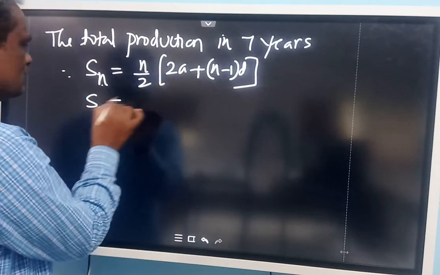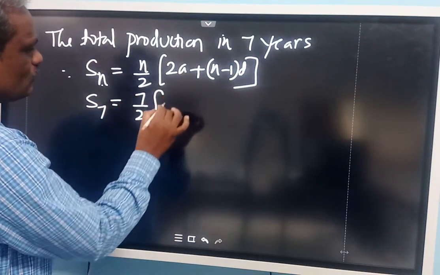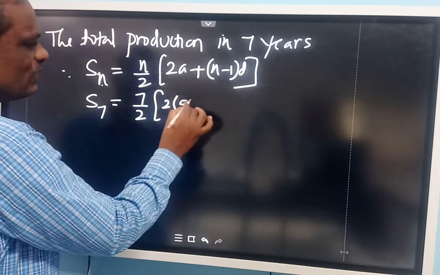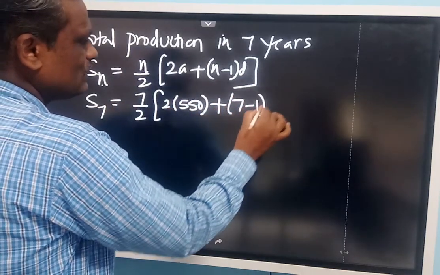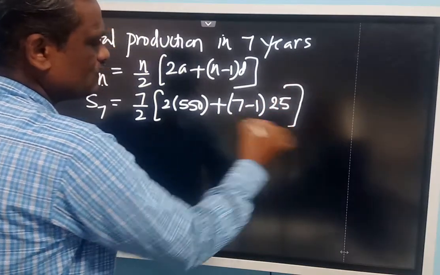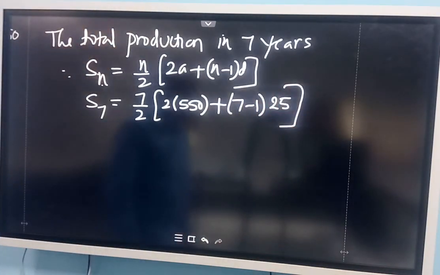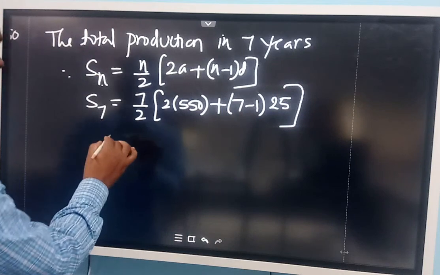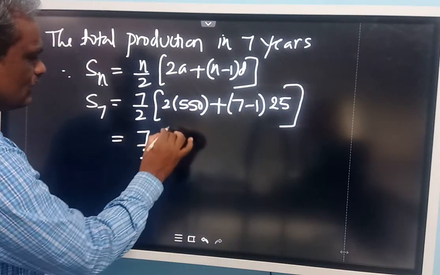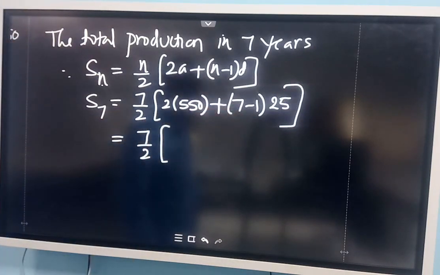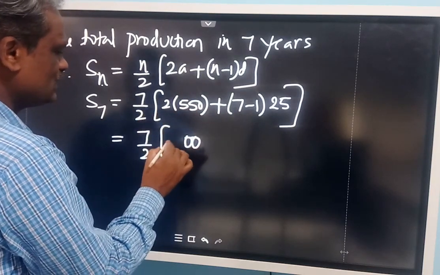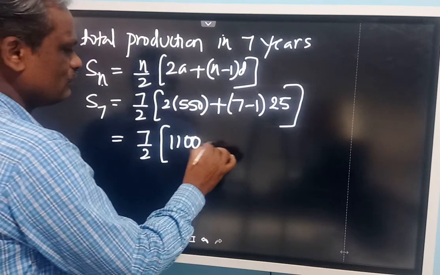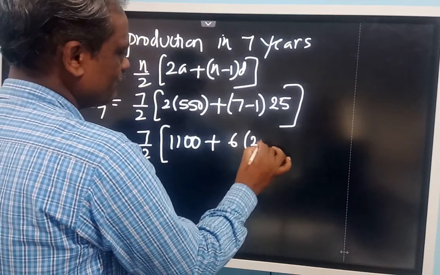So 7 by 2 into 2 times the a value, 550, plus 7 minus 1, and d is 25. The first term is 550 and the common difference is 25. You need to simplify the terms inside the bracket. 2 fives are 10, so 1100 plus 6 into 25.